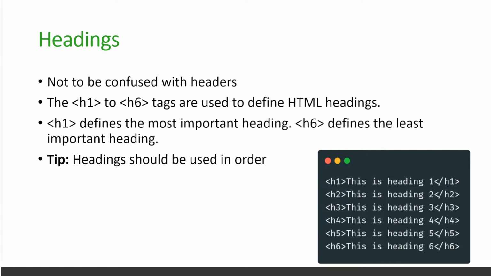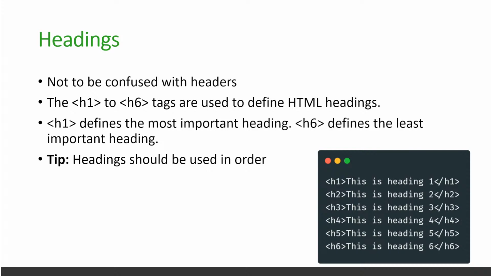We always start at an H1, and then if there's a subheading under the same topic, we go to an H2. If there's another subheading under that same topic, it's another H2. If we go to a subheading under one of those subheadings, then that becomes an H3.